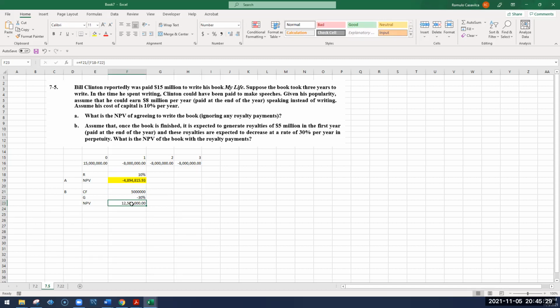But this 5 million is expressed in year 3. So I have to bring this back to year 0. So I have to do a discount factor there. How do you do the discount factor? You just take 1 divided by 1 plus the rate, elevated to the third.